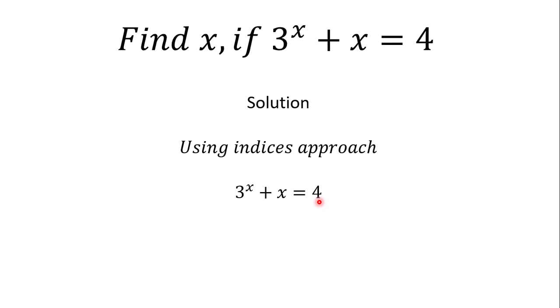4 is the same as 2 plus 2, and the same as 4 plus 0. But when you write it as 2 plus 2, does it look like this? It doesn't have any power, and all of them are just whole numbers, like bases with no power. The powers are just raised to the power 1. So if you do comparison, it's not possible.